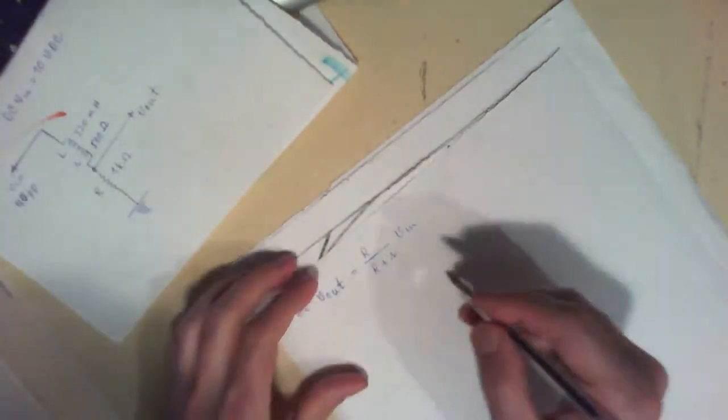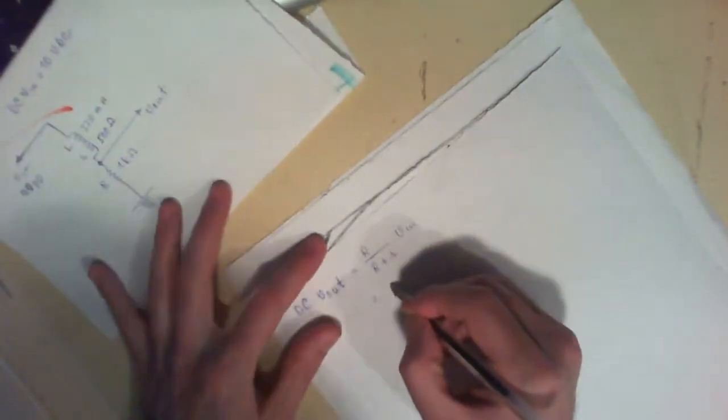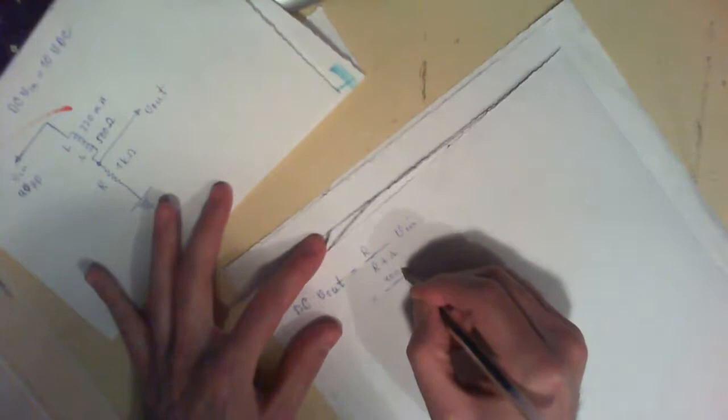So the value of your resistor is 1000 ohm, 1000 plus 500 ohm, the resistance of that inductor, times V in, which is 10 volts DC.